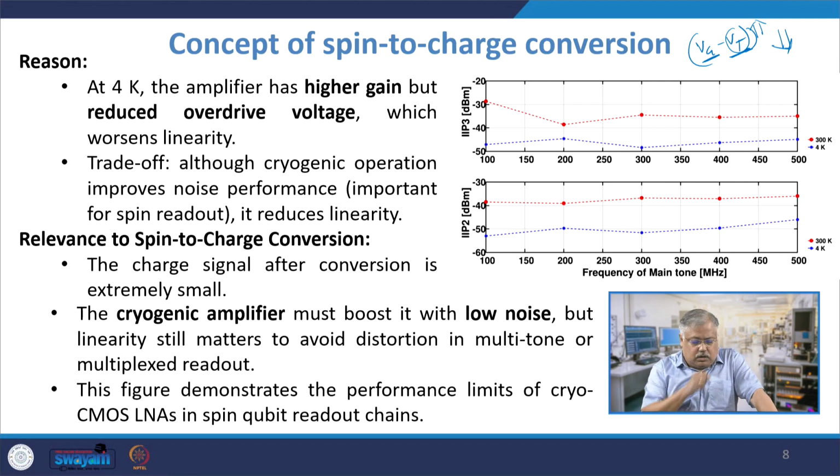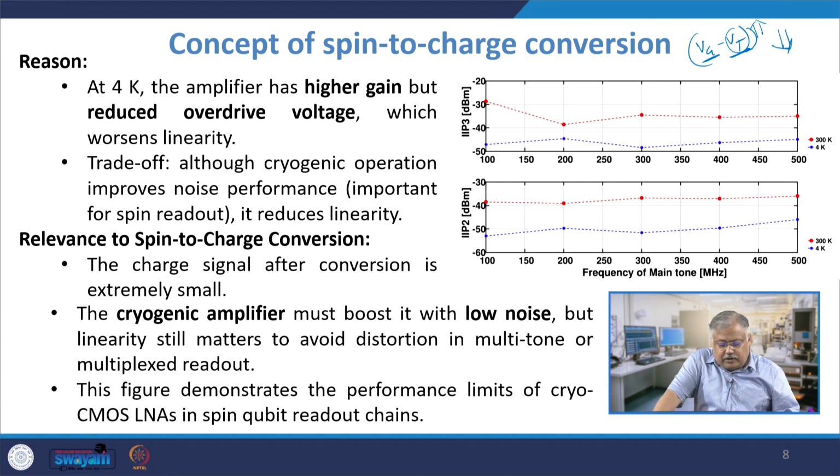Now, if you want to convert a spin to a charge, which I displayed to you in the previous slide, you will see that the amount of charge stored on the output side is extremely small, and therefore you need to amplify that charge, or convert very early from charge to voltage.